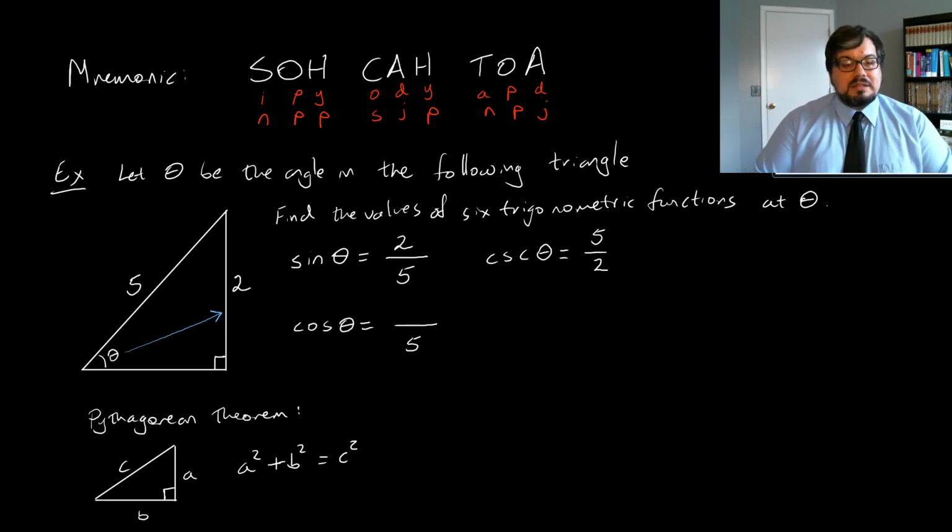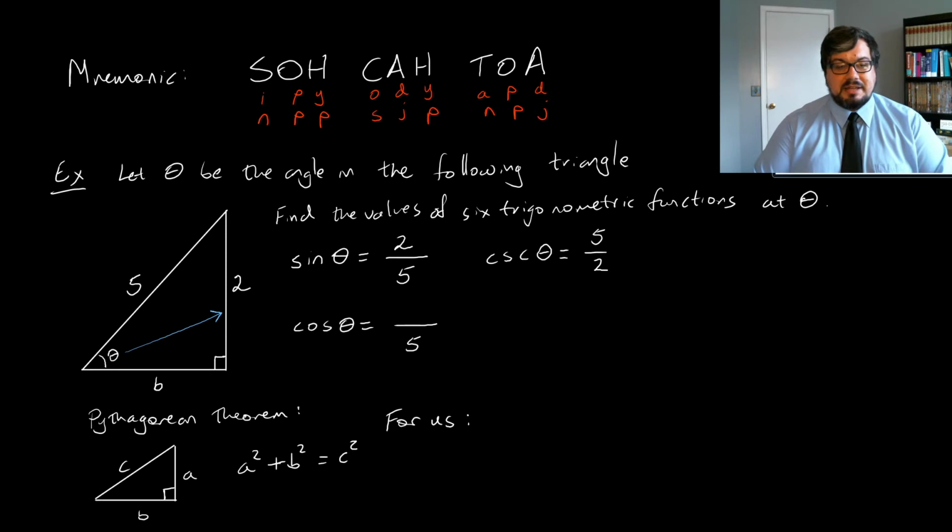So we want to figure out what the length of the adjacent side of this triangle in the problem is. One way we can do that is by giving it a name and then using the Pythagorean theorem. For our triangle, it says that 2 squared plus b squared is equal to 5 squared.